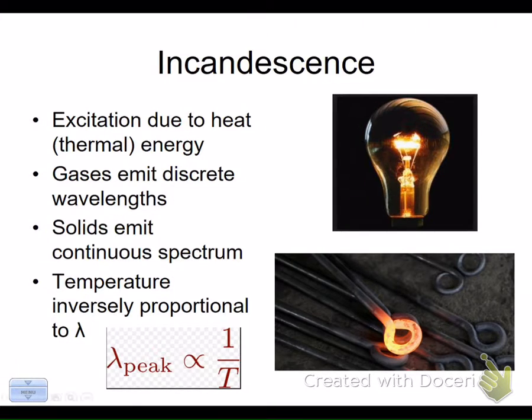And then we have an interesting little thing here. We have a relationship between the peak wavelength we see when something's, for example, glowing hot, and the temperature it's at. So as the temperature goes up, the value of the wavelength is going to decrease. That's what inverse means. Now think about what that means in terms of the EMR spectrum.